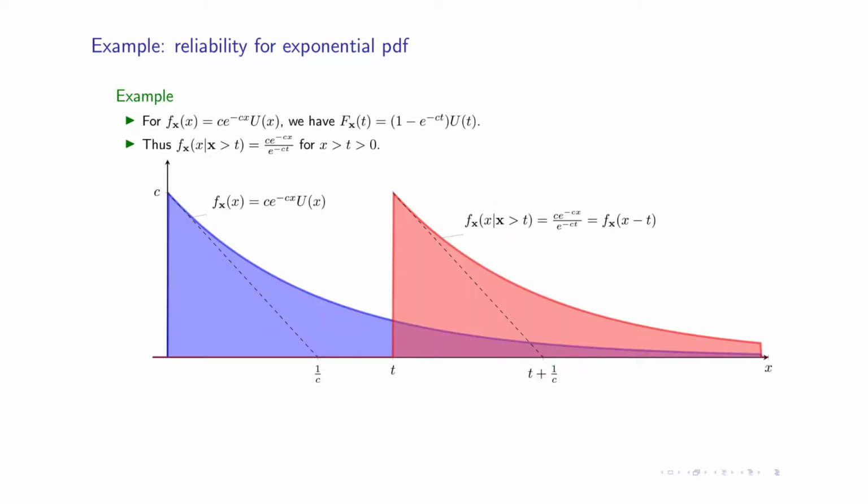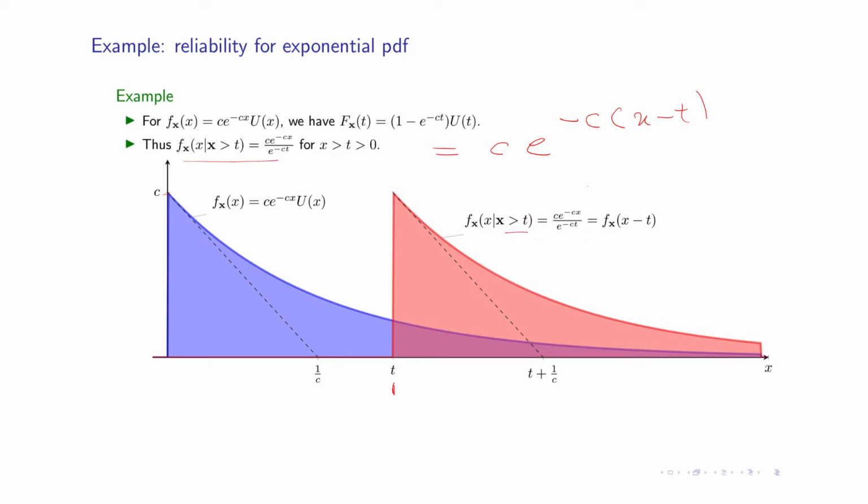So if I plot this function, what I could see is that this is equal to c e to the power of minus c times (x minus t). So the PDF, if I plot it, starts at c and exponentially reduces, but the new PDF, provided that the system is functioning at time t and I'm at time t, updated given this condition, given this event, is going to be the same shape.